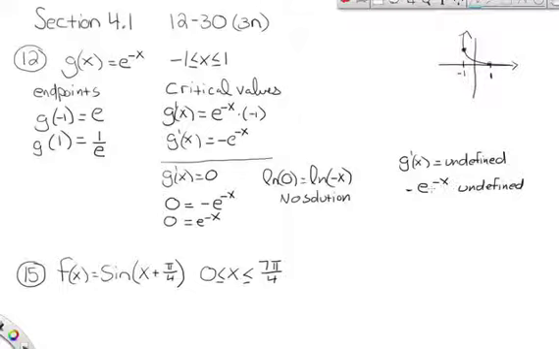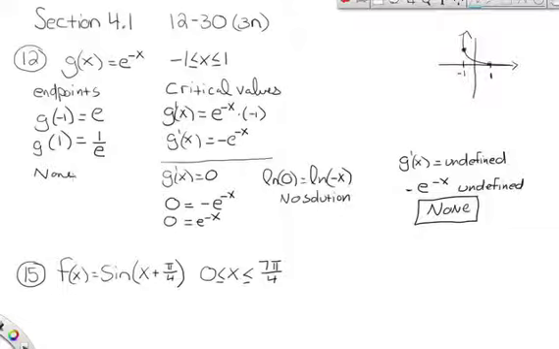Everything can be plugged in and we will get an answer. So we get none here. So there are no points where it's undefined. We found no values where it equals 0 because I wasn't able to solve the equation when I set it equal to 0. And so that means we found no critical values.